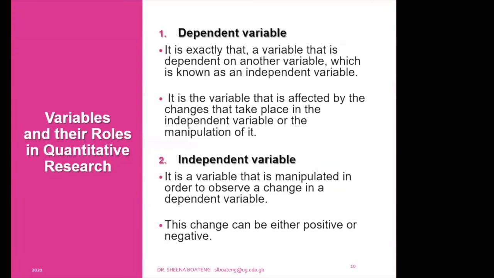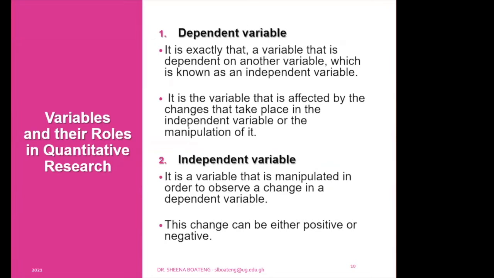So the dependent variable is exactly what it says it is. It is a variable that is dependent on another variable, right? So the variable that it depends on is the independent variable, because the independent variable is the one that does things to be able to influence what happens to the dependent variable.